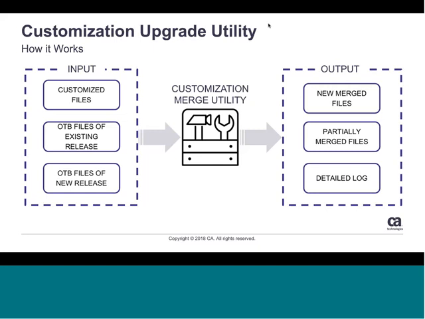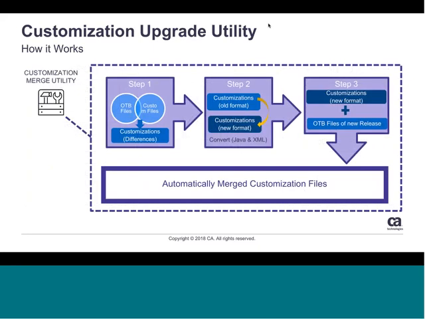Now that's a very complex thing, because this is not a utility which is just identifying a difference and pasting it at the right place. It is actually identifying, converting it into a template or a format that the latest version can understand, and then identifying the right place to merge it, which is in step 3, because the new file might have completely changed or might have new lines added, new logic added, new functionality added.